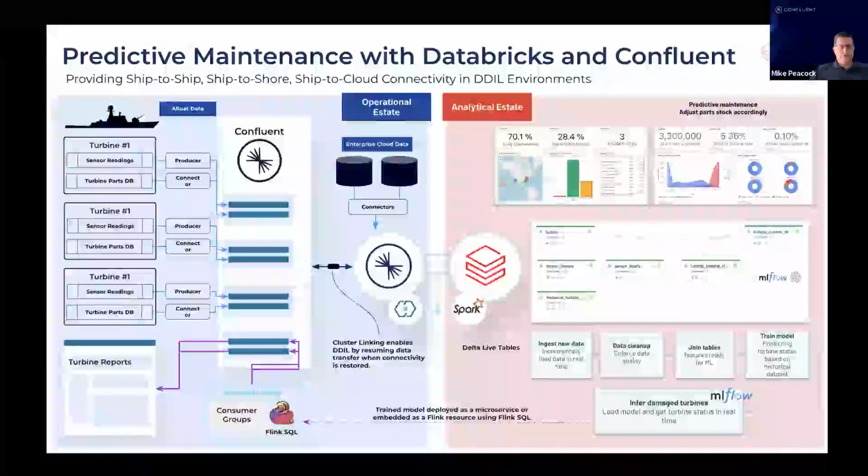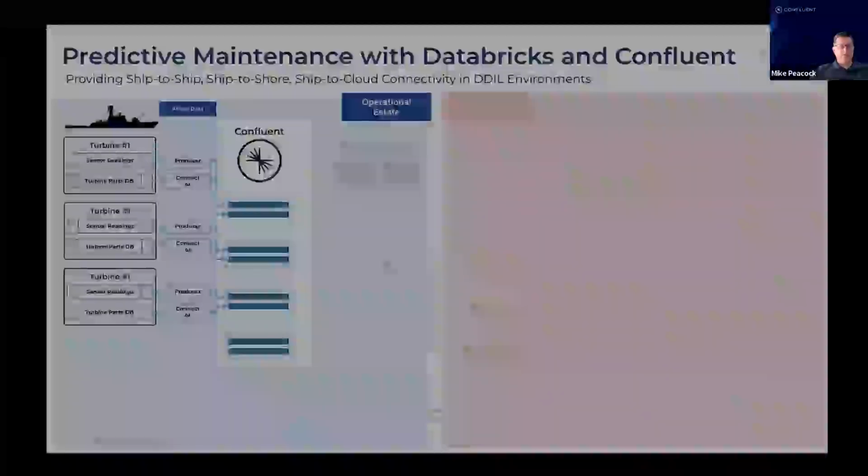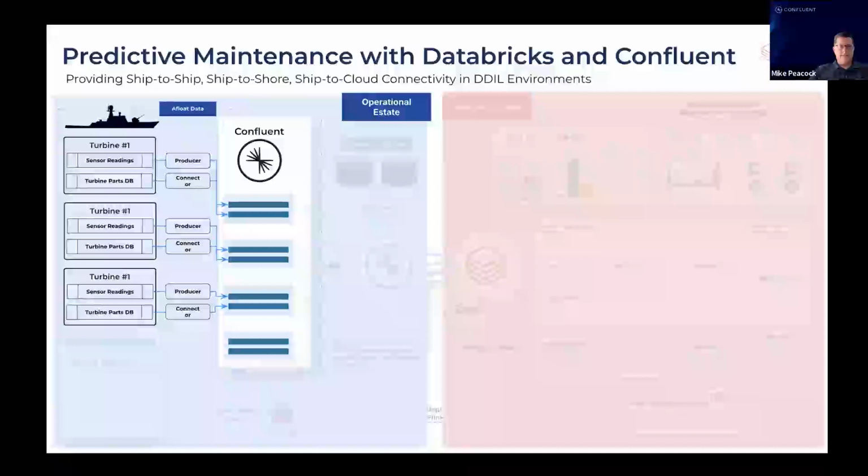Busy chart. Let me walk through it here step by step of what we're trying to do, right? So again, focusing more on that operational state. In this case, it's turbine information running on a ship. So many different turbines running, getting that real-time sensor information from there. You may also have, say, something like a turbine parts database. It's more static data, but ingesting all that static data and that real-time data into Confluent, again, running on the ship.